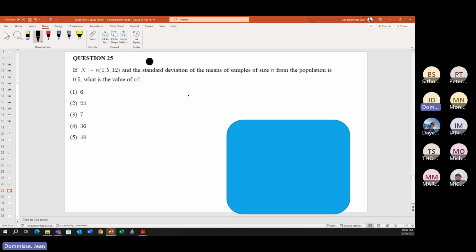So we now know that X is normally distributed with a mean of 1.5 and a variance of 12.